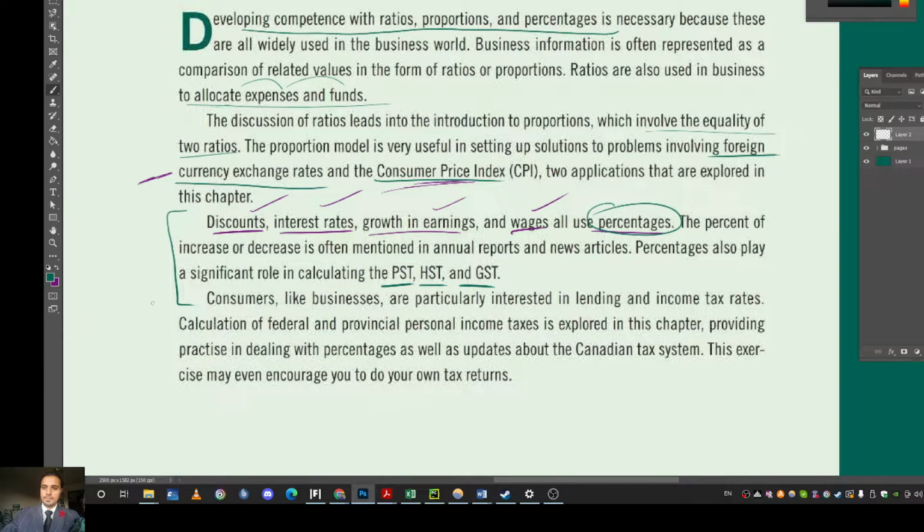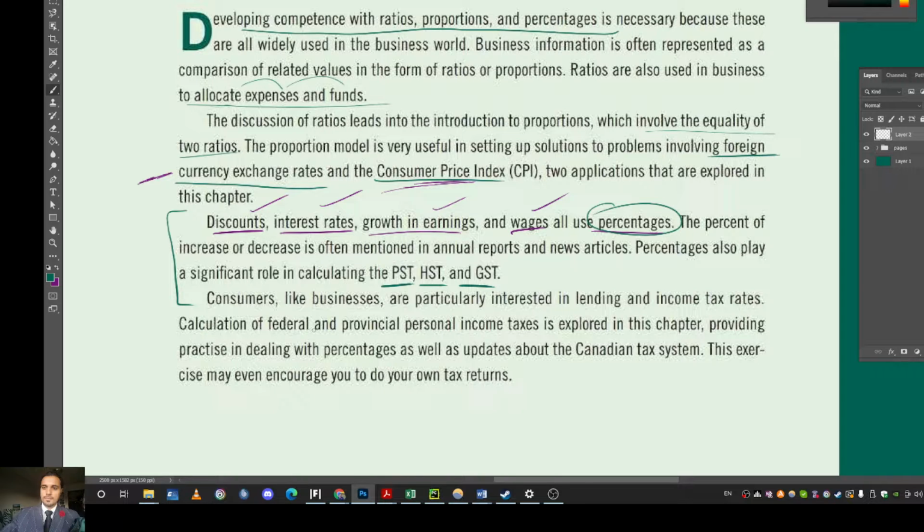What is the rate at which people are lending money right now? You might need a loan for school or for some other project, maybe you're starting a new business or you have an idea. You're also interested in the rates for your income tax, because you have to pay it, so you want to know what rate you're supposed to pay at. Businesses also have the same sort of interest in figuring out what these are.